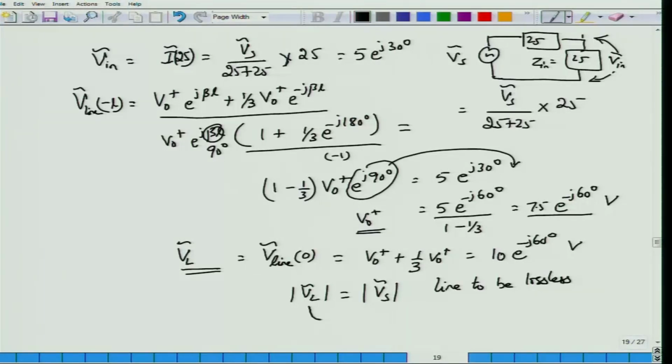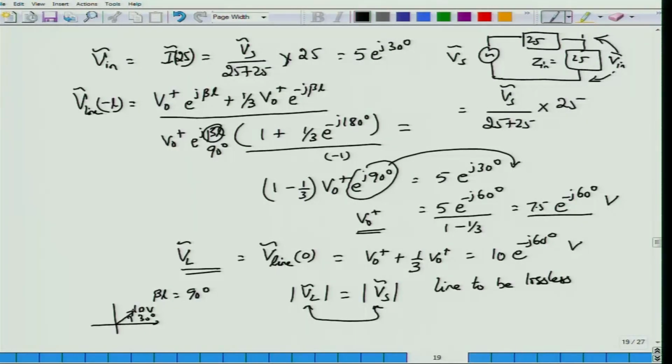However, there is a phase difference between the two. This phase difference appears because of the propagation delay associated with the transmission line. We had a transmission line of effective length beta L equal to 90 degrees, and we initially started off with a source voltage that had a magnitude of 10 volt, at an angle of 30 degrees with respect to the x axis in the phasor representation.